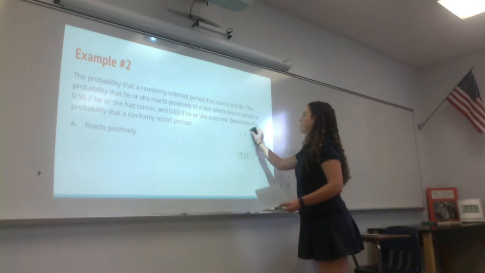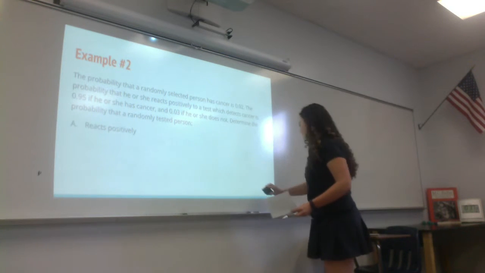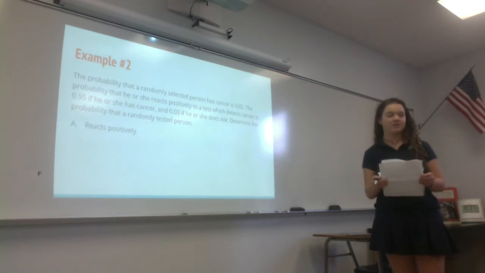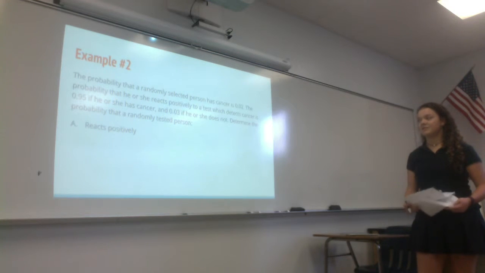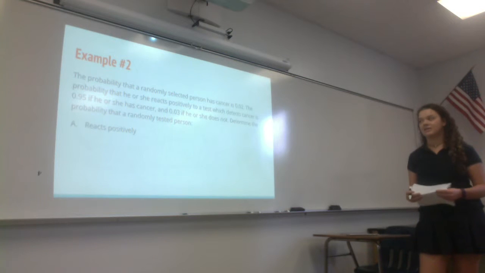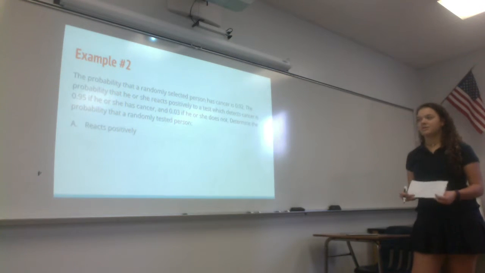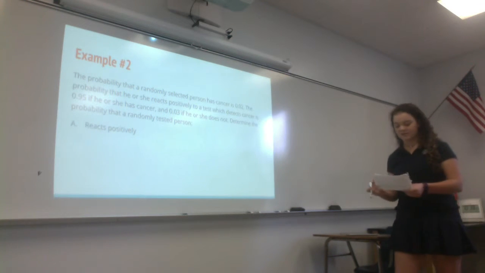And here's our second example. The probability that a randomly selected person has cancer is 0.02, and the probability that he or she reacts positively to a test which detects cancer is 0.95 if he or she has cancer, and 0.03 if he or she does not have cancer. Determine the probability that a randomly tested person reacts positively to the test.